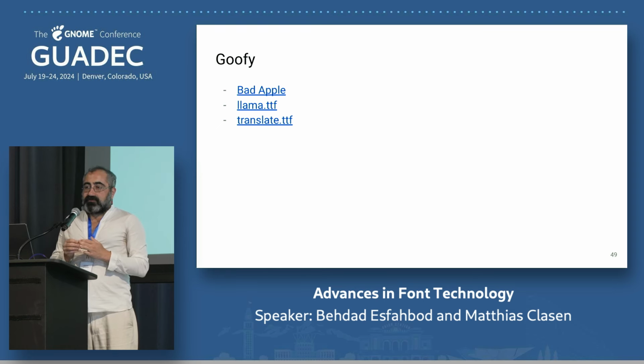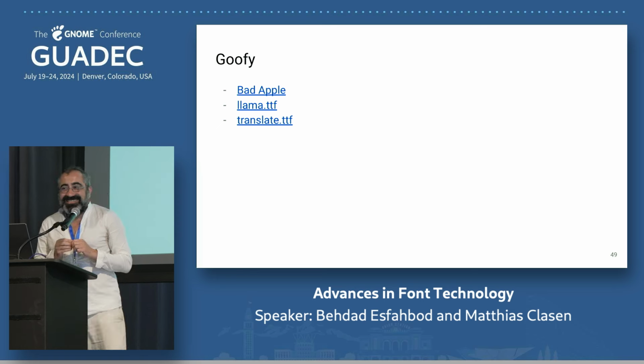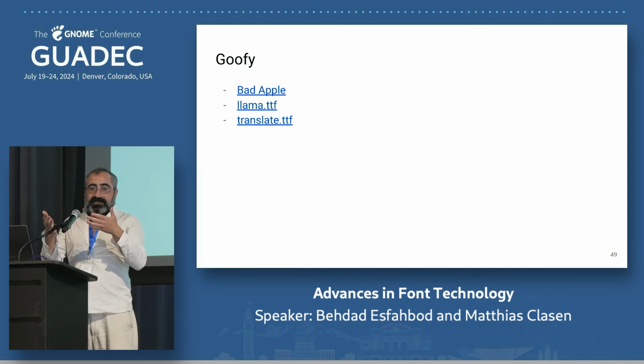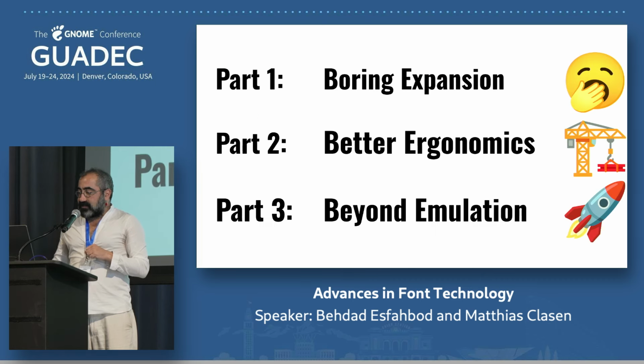However, it didn't stop someone from encoding a full large language model inside the font with an inference engine such that you type something and then the font completes it for you. Or another one, you type in English and it shows translation in German. So these won't eventually be possible because we limit how much work you can do in the shaper, but it has been already experimented with in these ways.